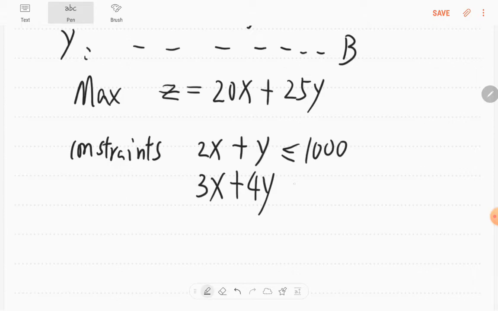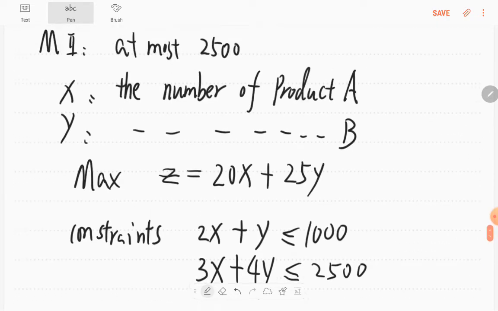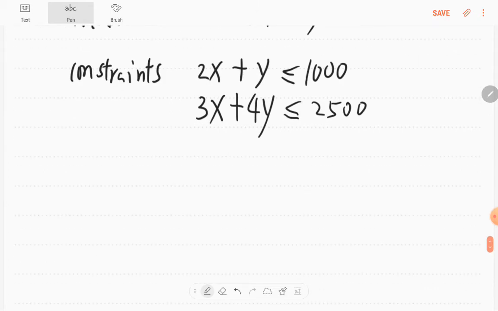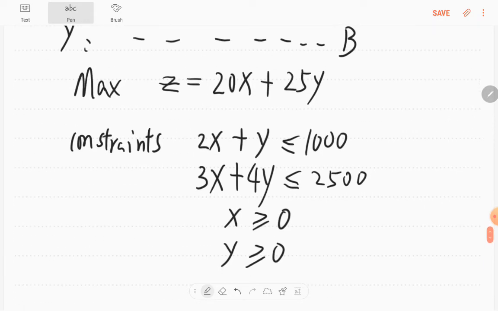So the total hours you sum up should not exceed, so it's less than or equal to 2,500. We have, of course, more, right? Because this is a real problem. So x is the number of product A and y is the number of product B. So we also require x is greater than or equal to 0 and y is greater than or equal to 0. So this would be yours.